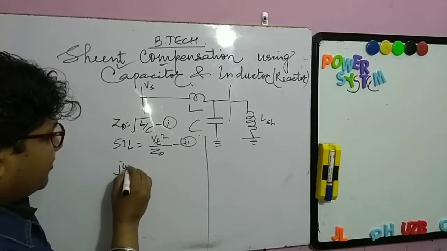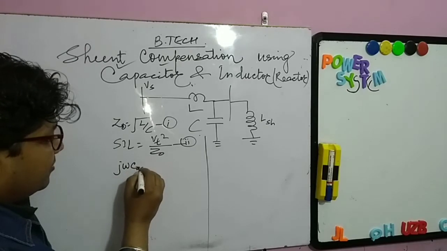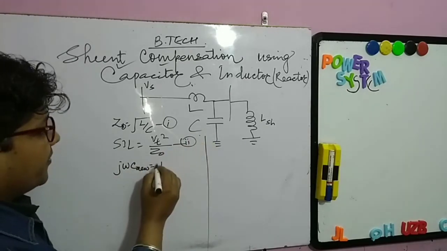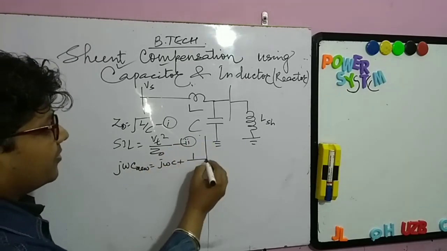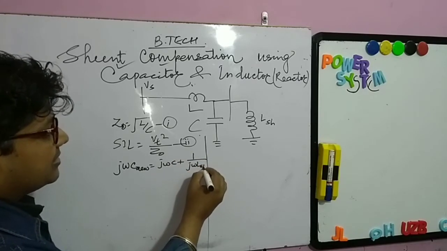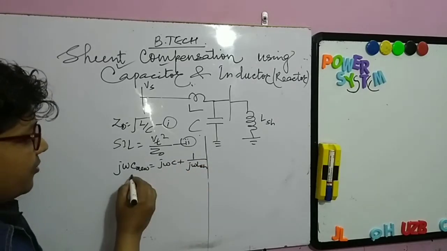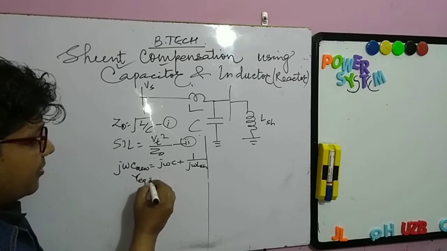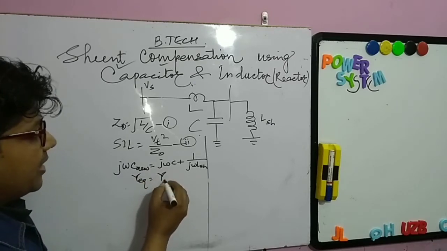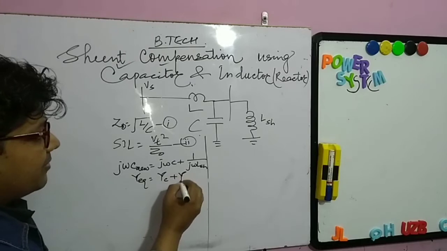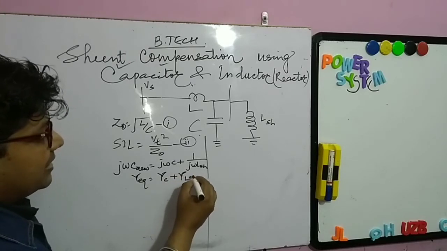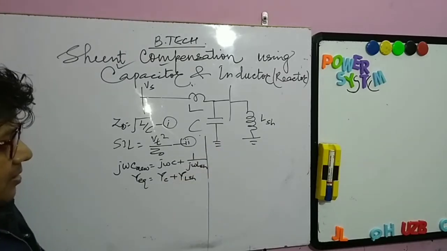So this is j omega C new, and this will be equal to j omega C plus 1 by j omega L_SH. What we are counting here is the equivalent admittance, which is equal to the admittance of C plus the admittance of L_SH, meaning shunt.